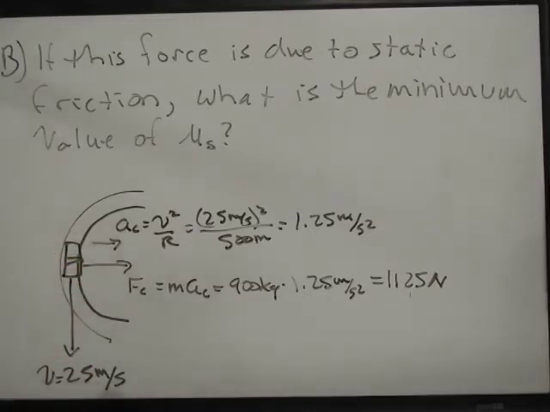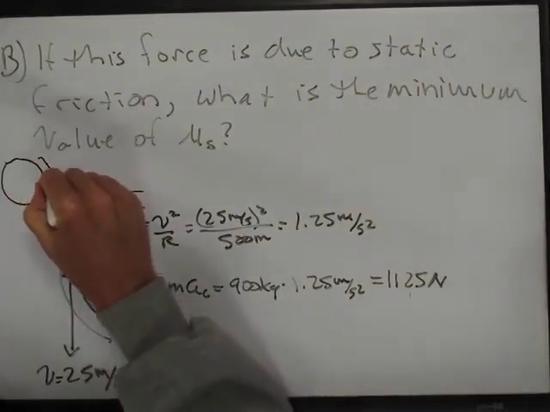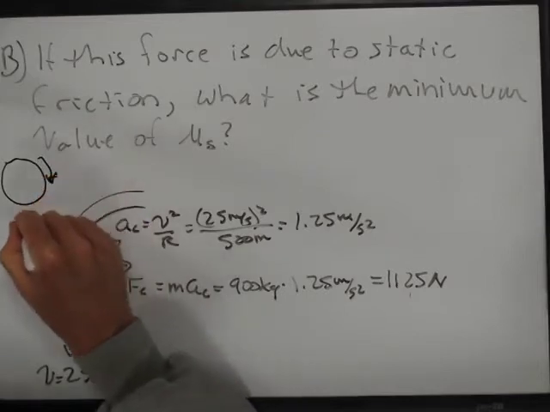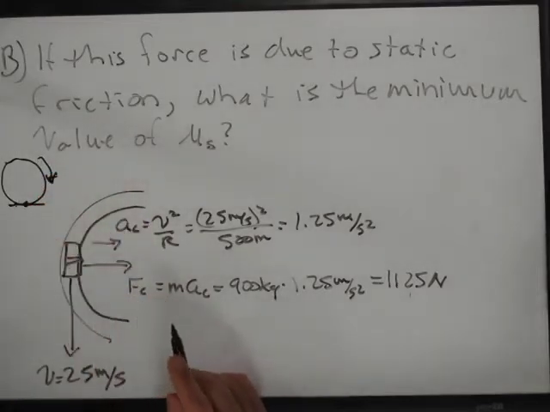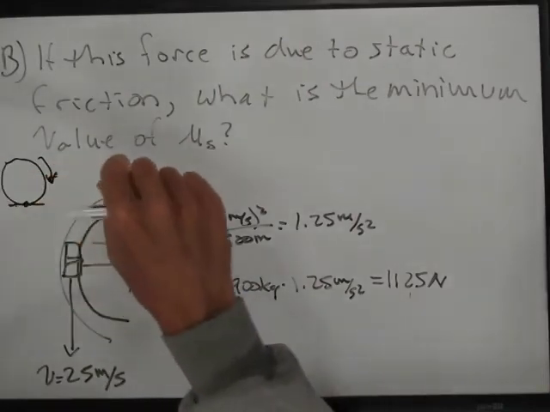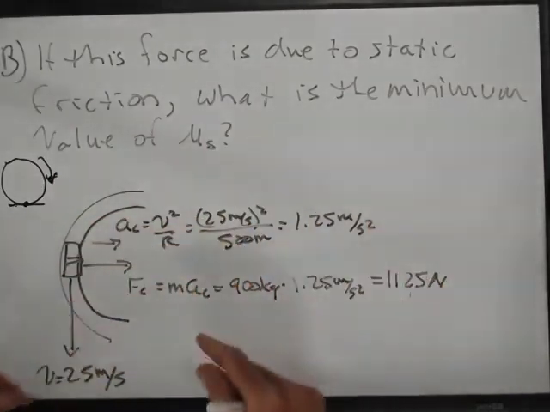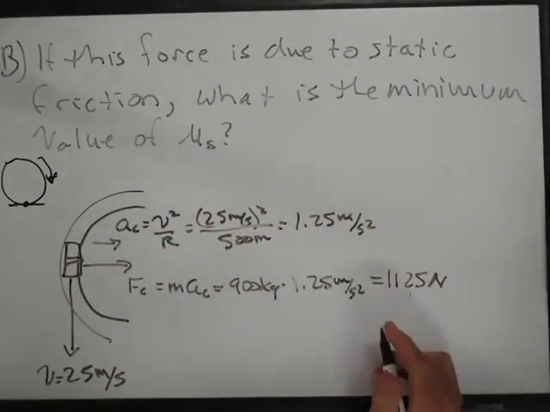And not only that, it's static friction, because like we were talking about before, when a wheel is rolling, the part of the wheel that's touching the road is at rest with respect to the road. As a wheel rolls, the part that's touching the ground is not sliding. It's stationary with respect to the ground.